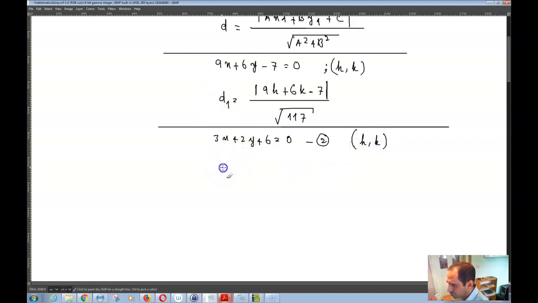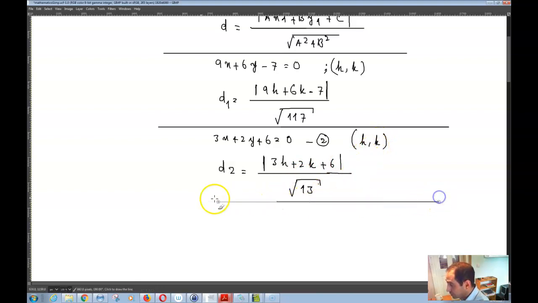Now d2 is going to be equal to the absolute value of 3 times h plus 2 times k plus 6 over the square root of 9 plus 4, which is the square root of 13. So now since the point h comma k is equidistant from the two lines, you can say that d1 is equal to d2.